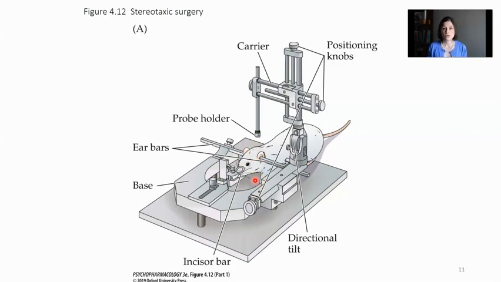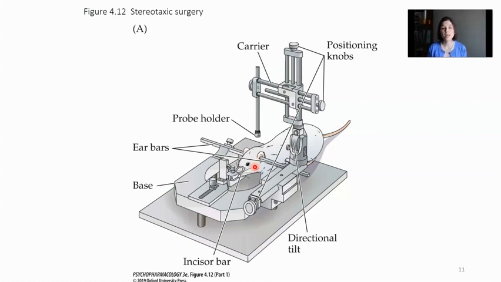Each structure we're interested in has a particular location, and we can look up the coordinates for that region. Then we can drill a hole in the skull and implant something precisely at that location. This allows us to do a number of different things. So the stereotaxic frame is really very central to neuropharmacology research.